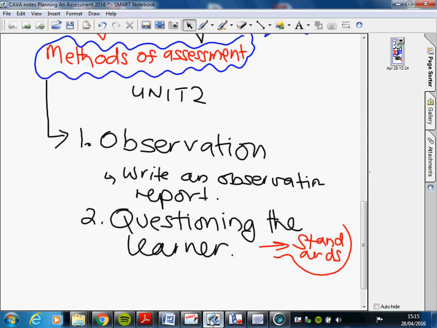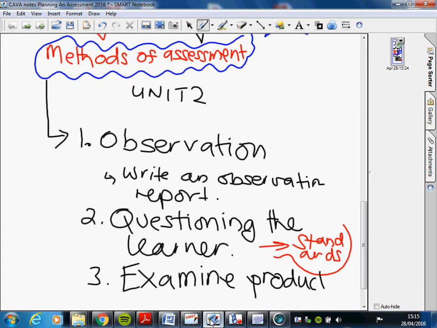The other minimum we require, by all means necessary, is number 3. This is where you examine the work or the product of work. Examine the products of work.